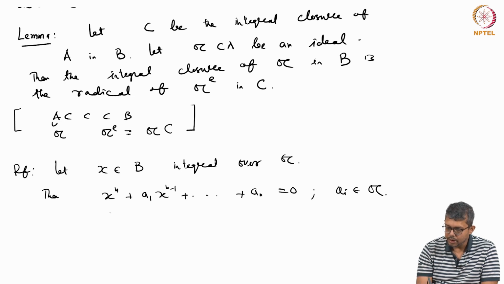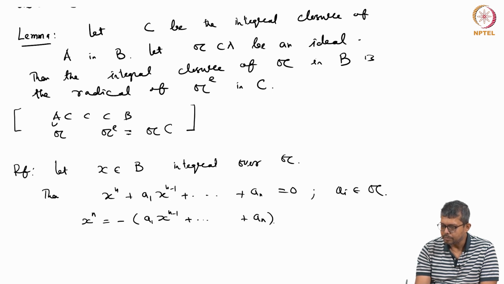Now you see that x to the power n, you can write it as minus of a1 x to the power n minus 1 dot dot dot plus a n.